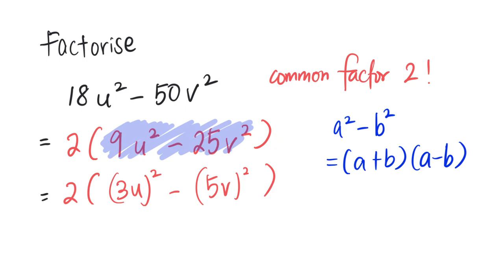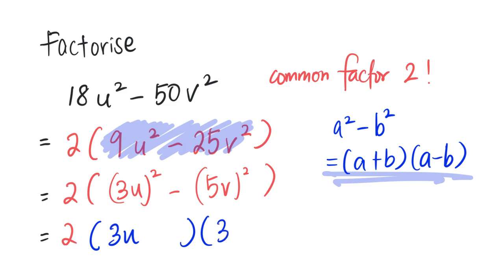And therefore, I can apply my special product. My a will be 3u. One is plus, one is minus. My b will be 5v.